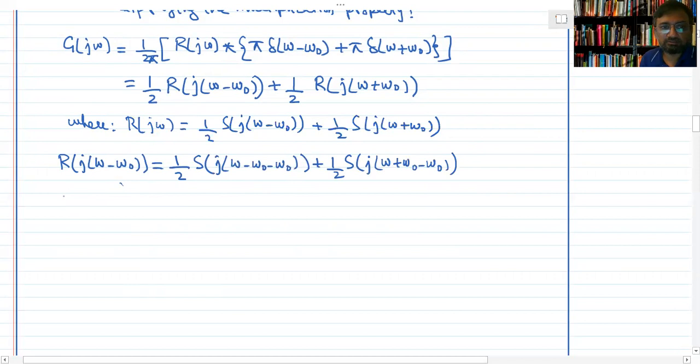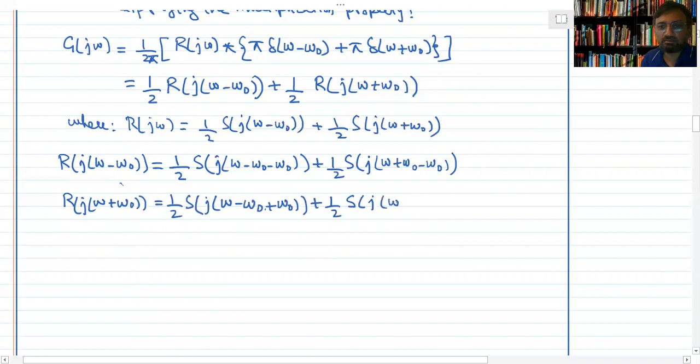And Rj omega plus omega naught is 1/2 Sj omega minus omega naught plus omega naught plus 1/2 Sj omega plus omega naught plus omega naught.